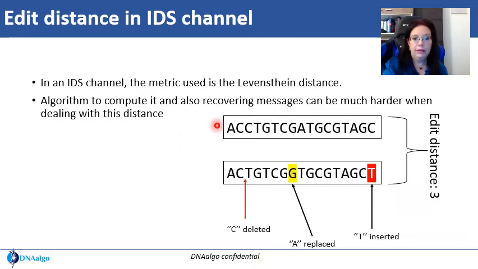In this case, we need to delete a C, so step one. We need to replace an A with a G, so step two. And then we need to insert a T at the end of the string. So the edit distance between these two strings is 3.